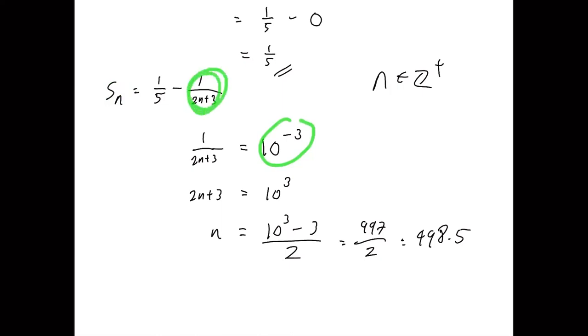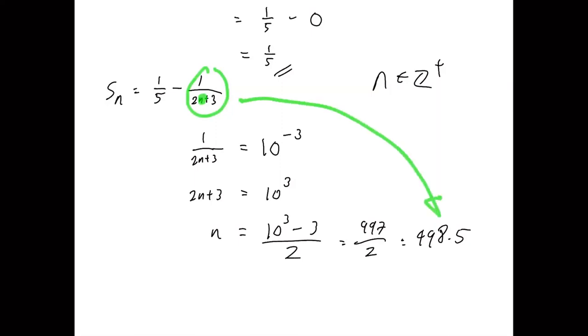You can allow this to be smaller so that you subtract away a smaller number so that it's closer to 1/5. That's better. Getting closer to 1/5 is better. So in order for this fraction to be as small as possible, we want this n to be as big as possible. Intuitively speaking, we would want the n to be as big as possible, which means you need this 498.5 to be as big as possible. So you round up or down? Round up. You should get 499.